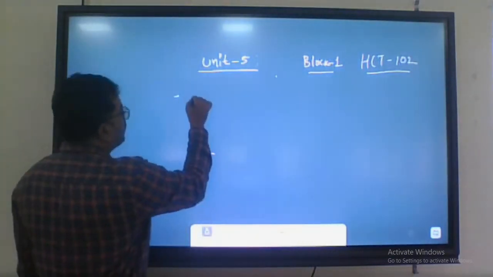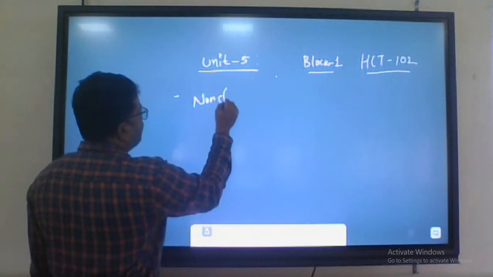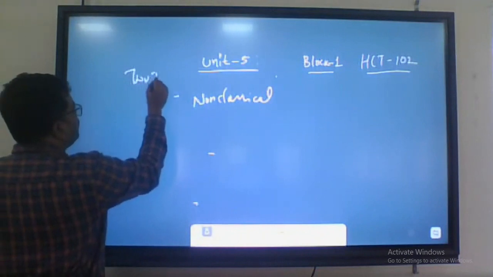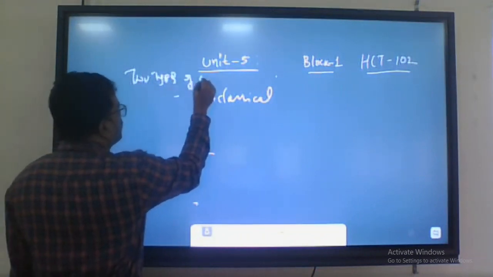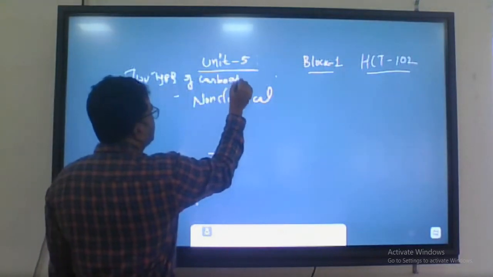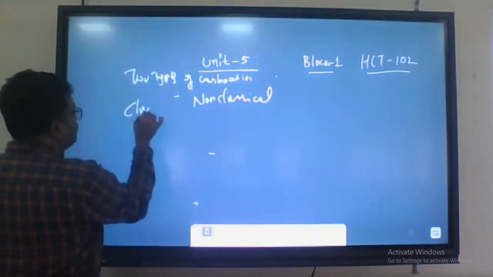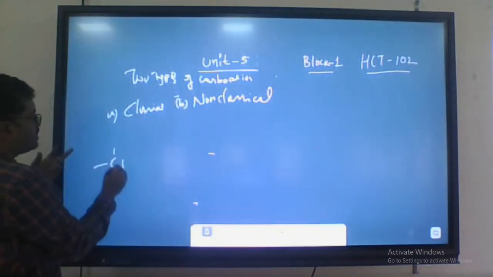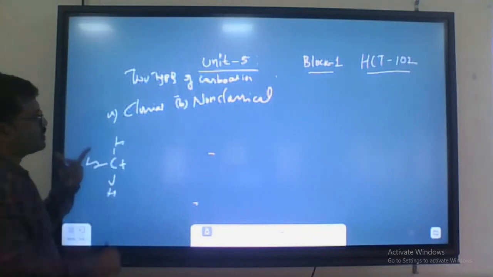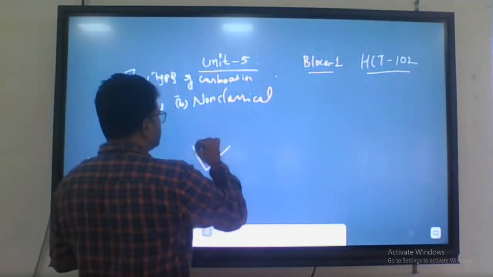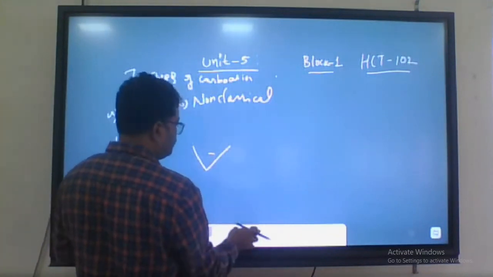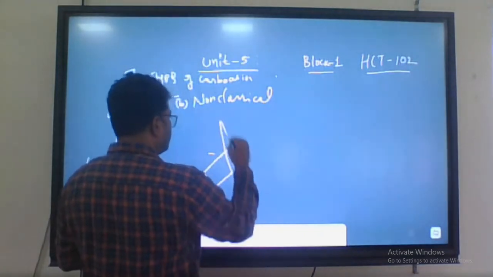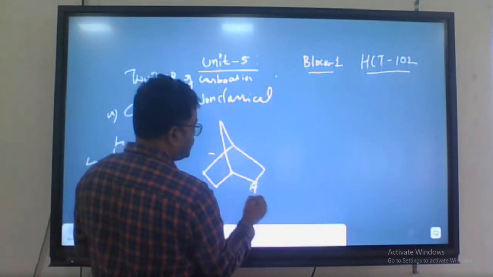There are two types of carbocation: classical and non-classical. What we generally study is classical. What is non-classical? If you take this as an example, this is classical.